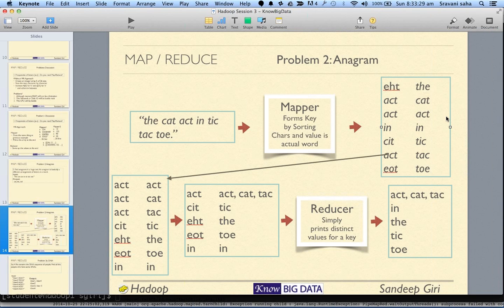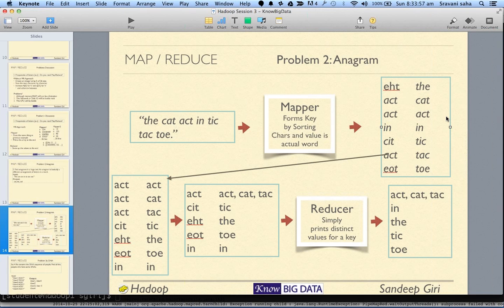So here our job is to find out the anagrams, right? And hence we want to bring all the anagrams together. And the only way to bring it together is to form a key out of the word such that all the words who are anagrams produce the same key, right?